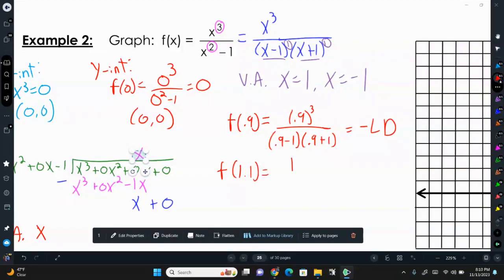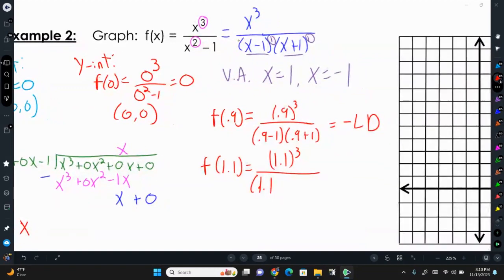And we know that it should be positive and go up. 1.1 minus 1 times 1.1 plus 1, which is positive, so the right side goes up.